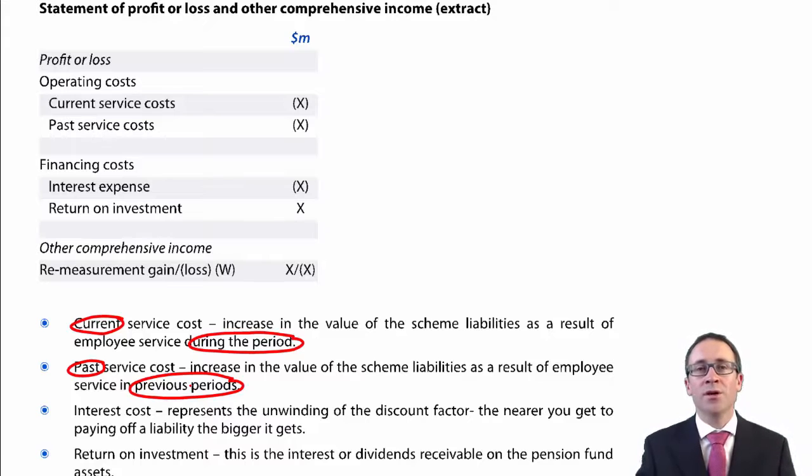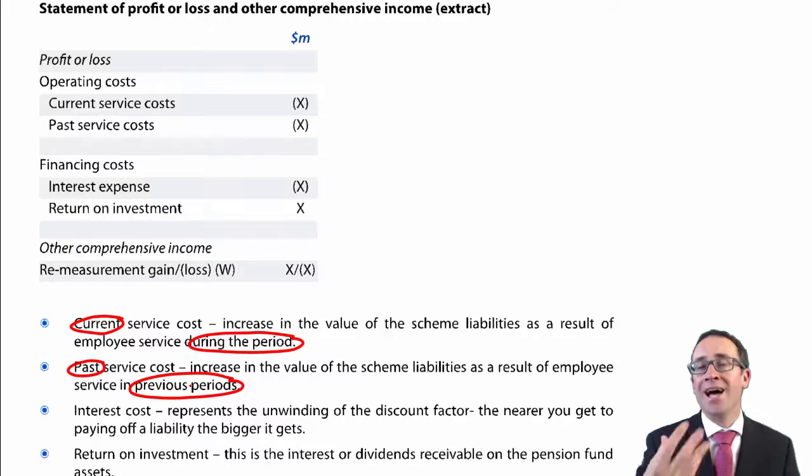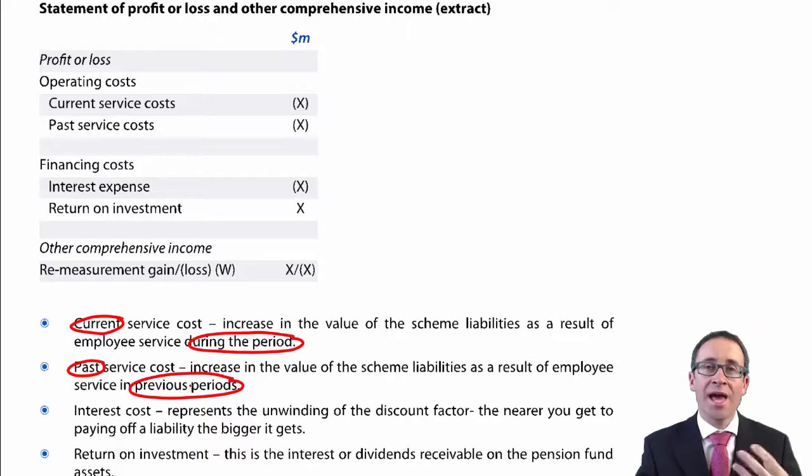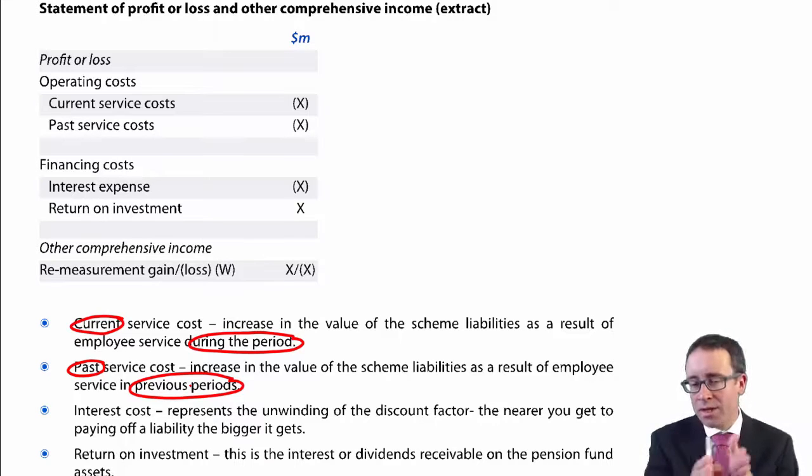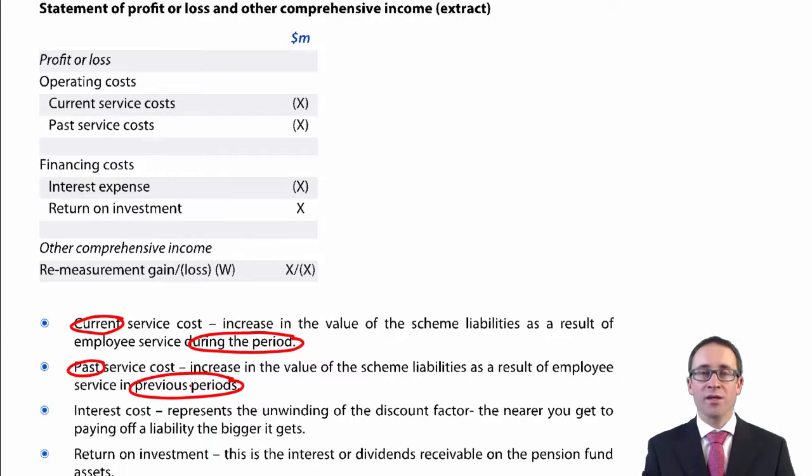So what companies tend to do is that if you've worked there for a particular length of time, maybe your benefit at the end of retirement becomes enhanced because of the number of years that you have worked there. So if that arises after 5 years, you recognise that past service cost at the end of the 5th year. You don't recognise bits of it over the 5 years.